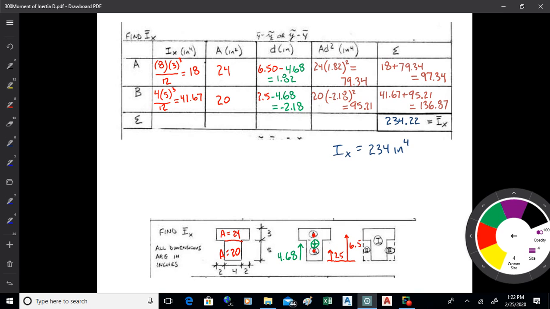Okay. So the higher the I sub x, the more that beam shape would resist bending when you load it up. And it bends about that long neutral axis down the length of the beam. So we're going through all this stuff so we can design beams.